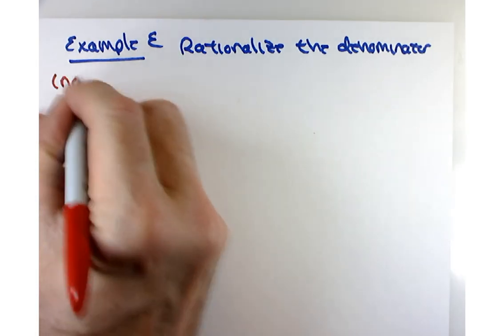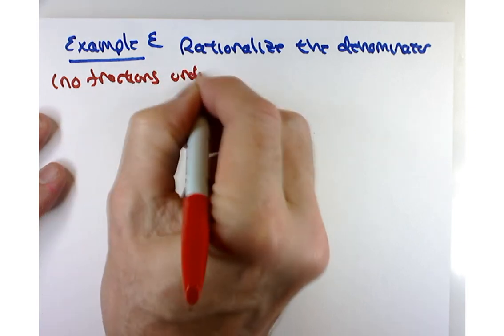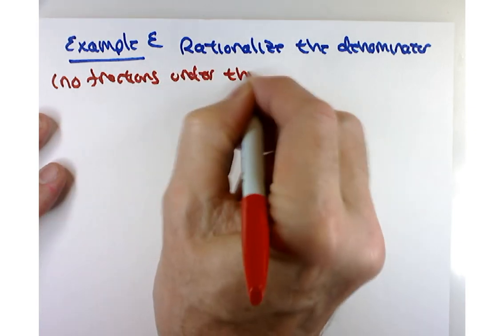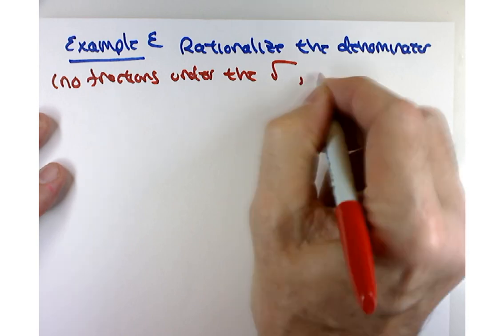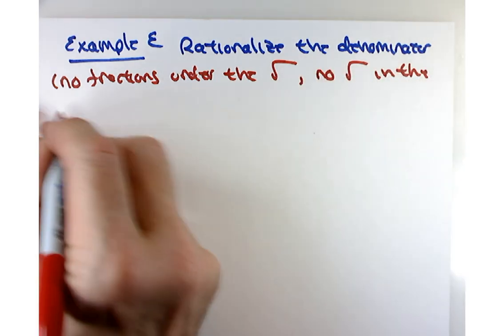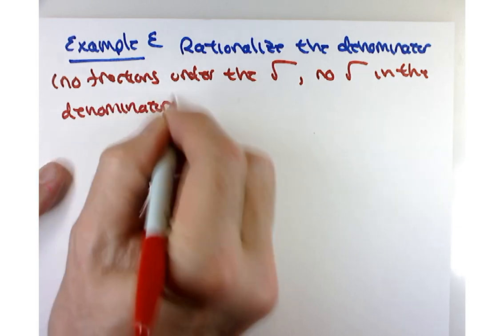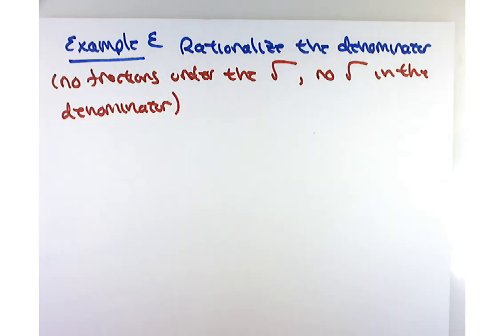So no fractions under the radical and no radicals in the denominator. That's effectively what is meant here, or a couple of things that are excluded from your answer.